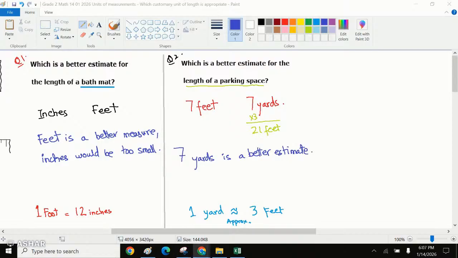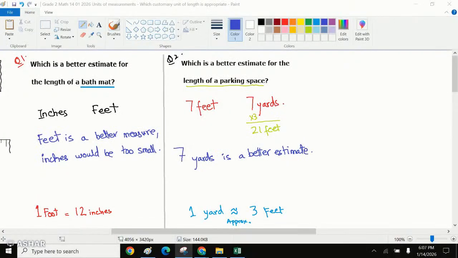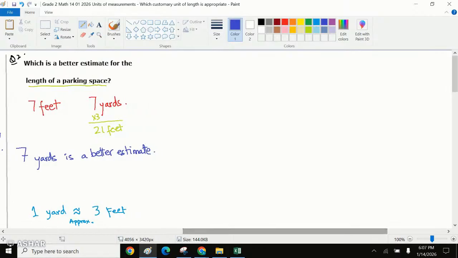The next question we have is, which is a better estimate for the length of a TV remote? Let's see what options they are giving. Let's just compare. They gave two options. Let me just copy them.